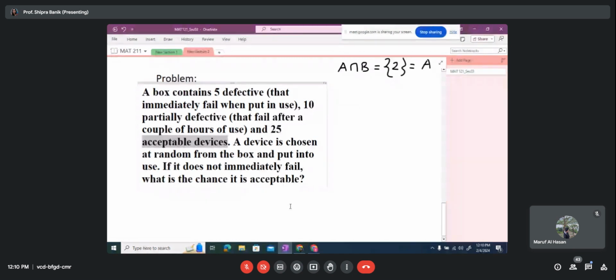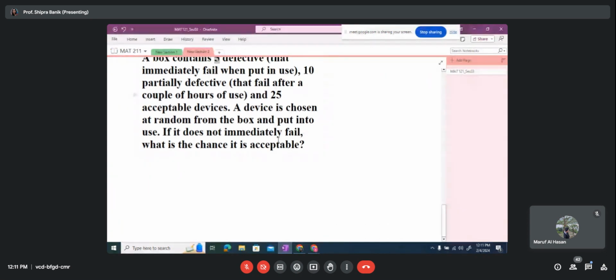Now we have to understand how many devices we are going to study. There are 3 types: 5 defective, 10 partially defective, and 25 acceptable devices. Let's make the solution now.